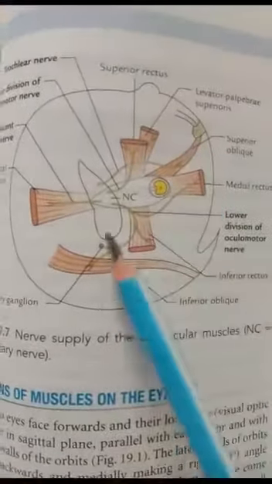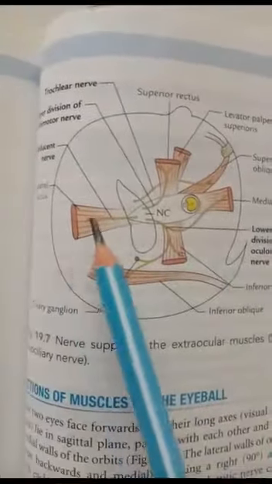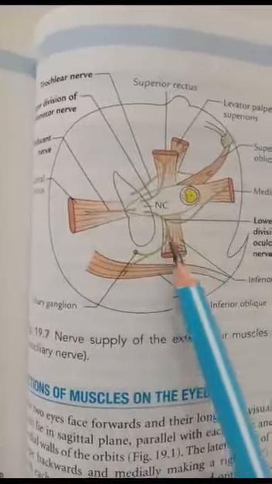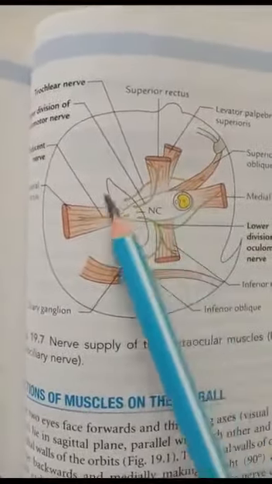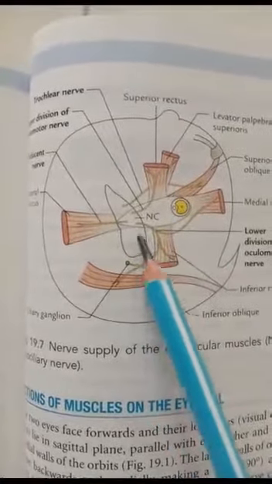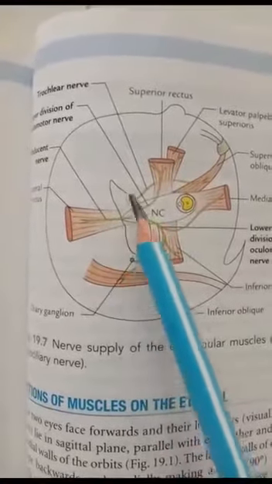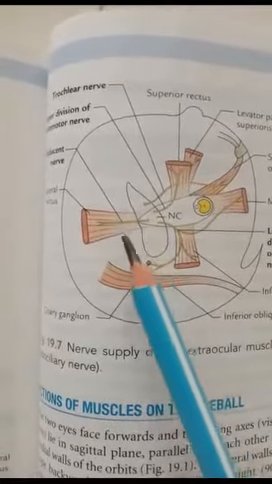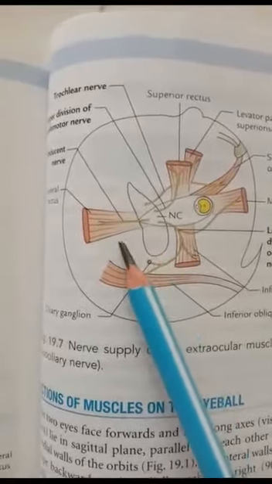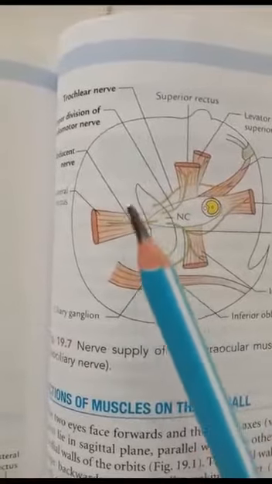Here in this diagram you can see the medial, lateral, superior and inferior rectus forming the tendinous ring, and it is attached to the apex of the orbit, and it encloses the optic canal and the middle part of the superior orbital fissure.